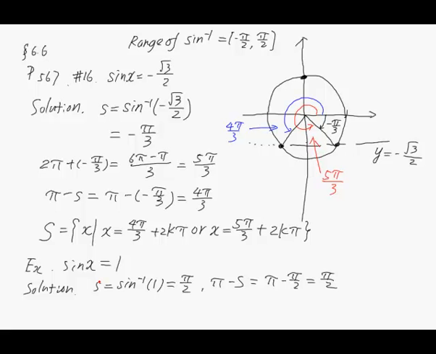And then we can form the general solution. So the big S, the set of solutions, is equal to the set of x such that x is equal to half pi plus 2k pi. Then we find all the solutions to this equation, sine x equal to 1. Any question?